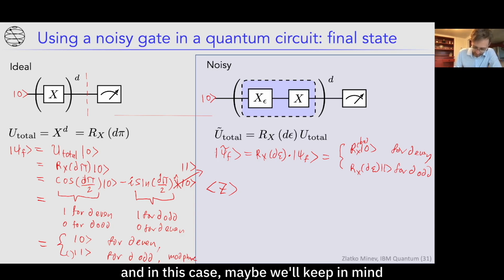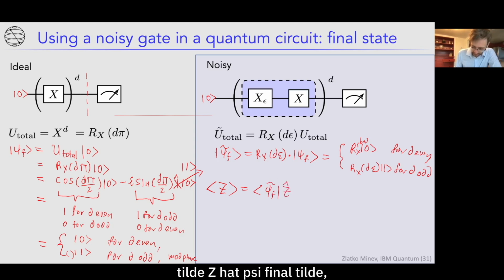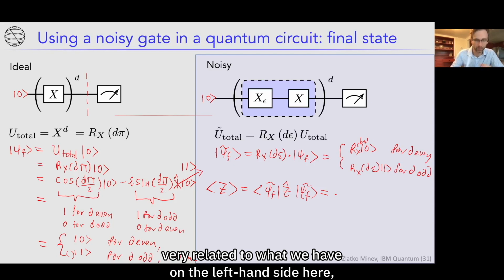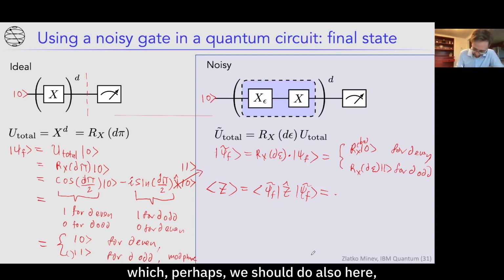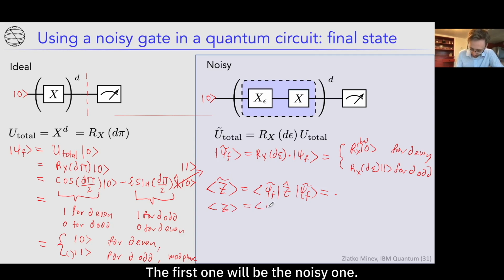And in this case, maybe we'll keep in mind that this is the noisy z observable, which is going to be psi final tilde z hat psi final tilde, which you can see is going to be equal to something very related to what we have on the left hand side here, which perhaps we should do also here. So let's do both, just to be more explicit. The first one will be the noisy one, the second one will be the ideal case.